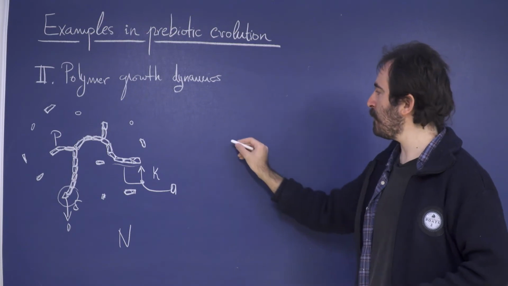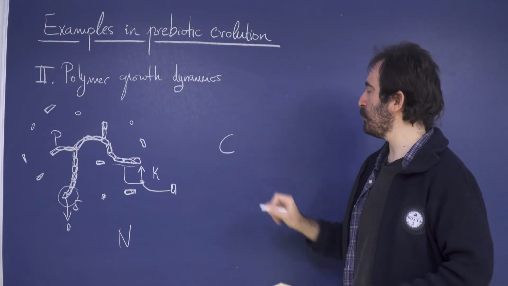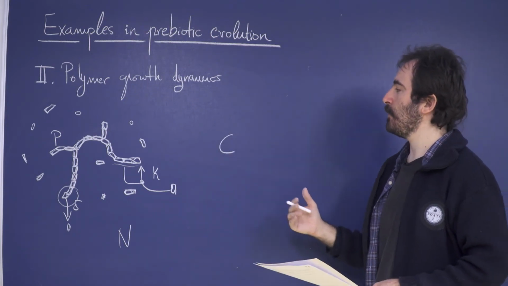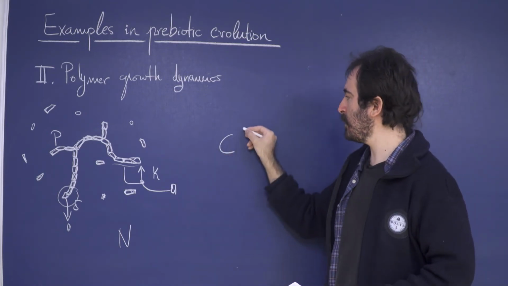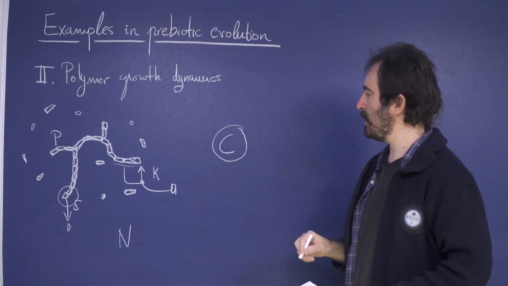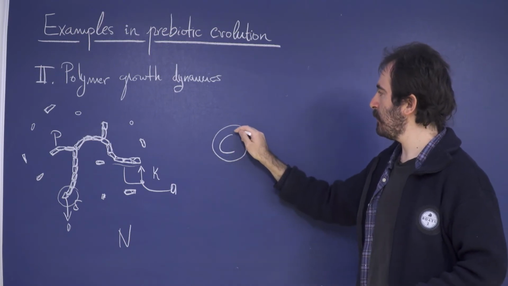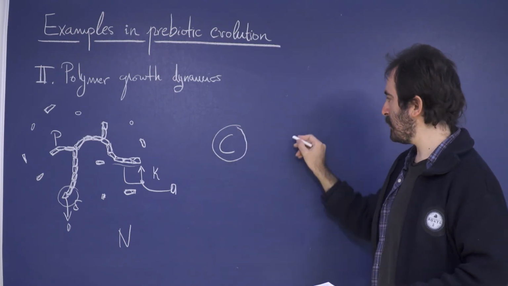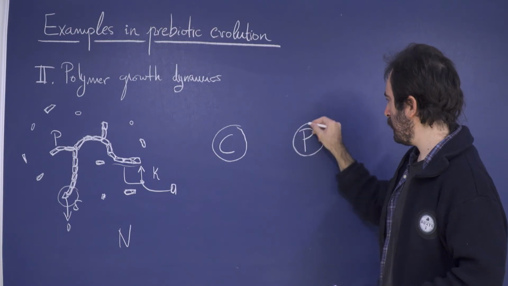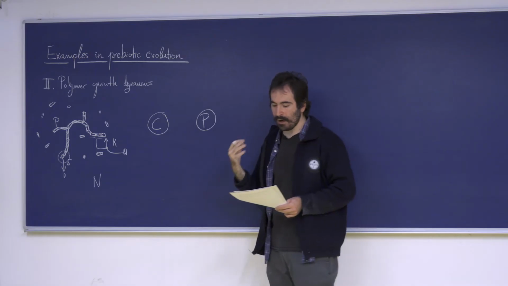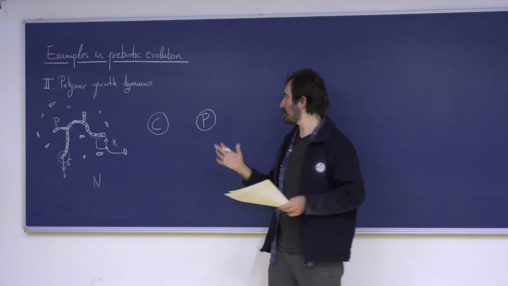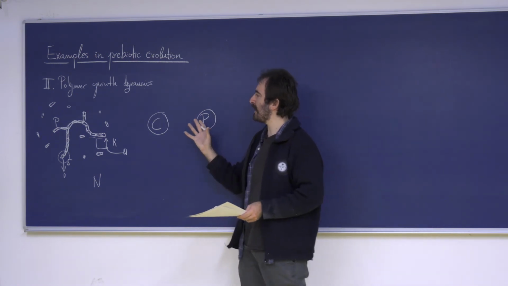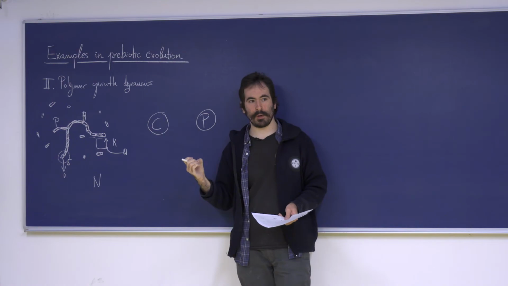Suppose that we have C to be the concentration of, or if you want, the total number of free-floating monomers, right? And we just call this the compartment C, right? And let us call P the actual number of monomers that are attached into this forming polymer, right? So this is the total number of monomers, but now in the state of belonging into the polymer.